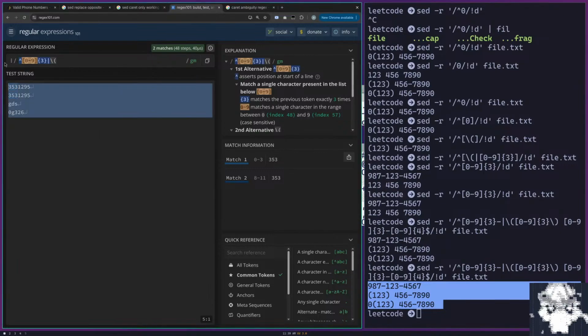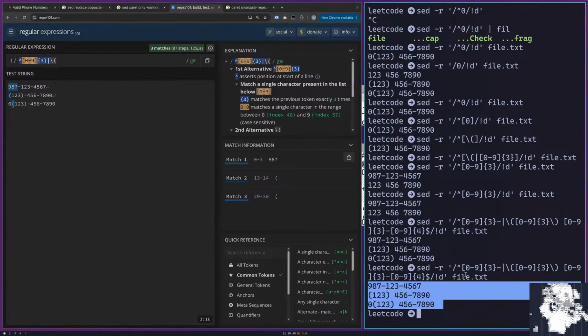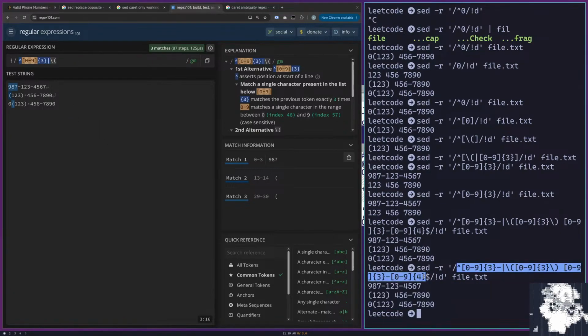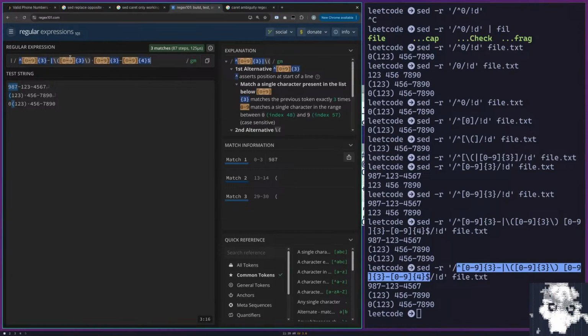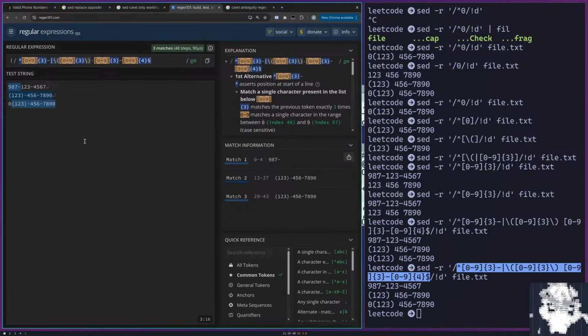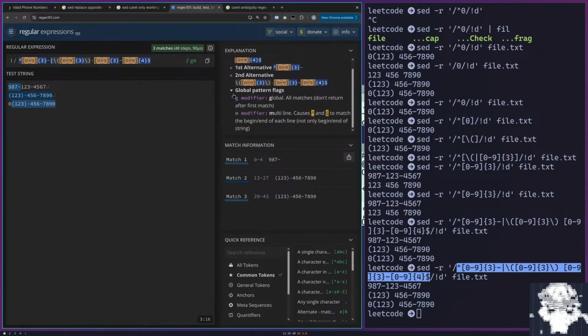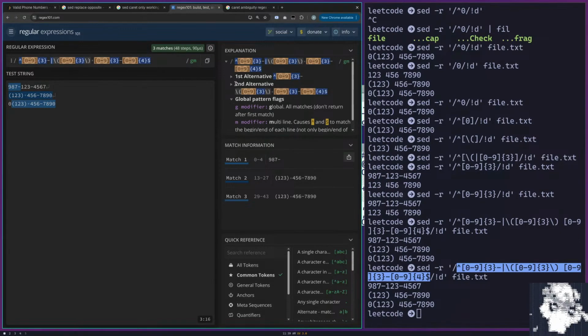Here, take this and let's use our actual regular expression. So yeah, you either need the parentheses followed by a space.